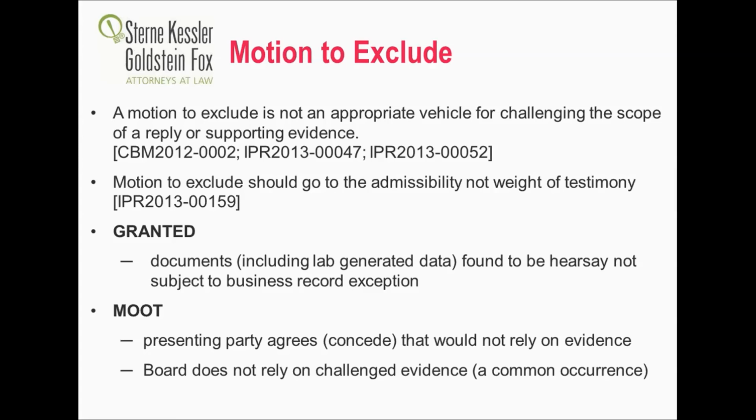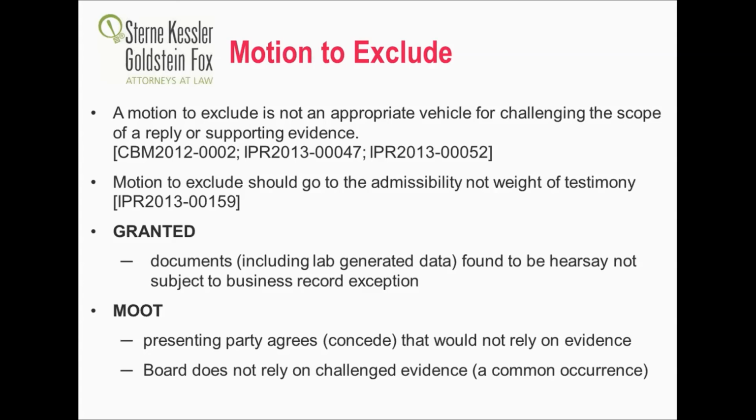So, some things to keep in mind when you're considering whether to file a motion to exclude. First, a motion to exclude is not an appropriate vehicle for challenging the scope of a reply or supporting evidence. Motions to exclude instead need to go to the admissibility of the testimony or the evidence, and not the weight.